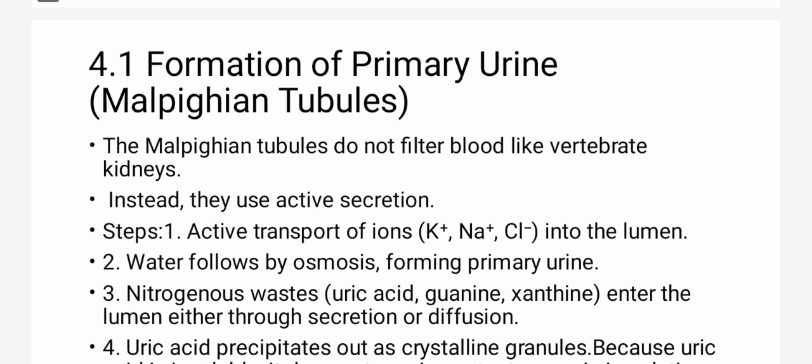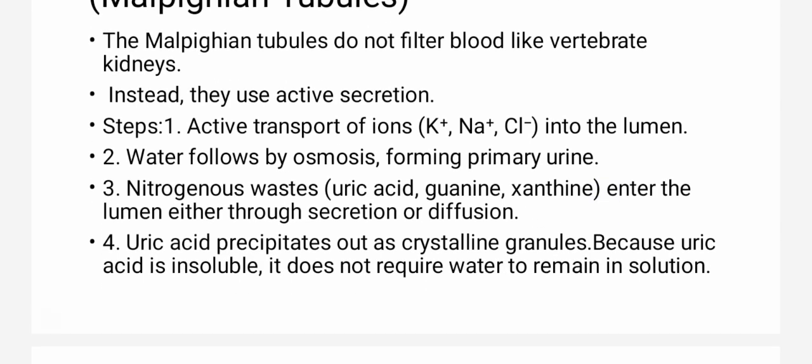First is formation of primary urine. The Malpighian tubules do not filter blood like our vertebrate kidneys. Instead, they use active secretion. In that, active transport of ions into the lumen occurs. The ions include potassium, sodium, and chloride ions.